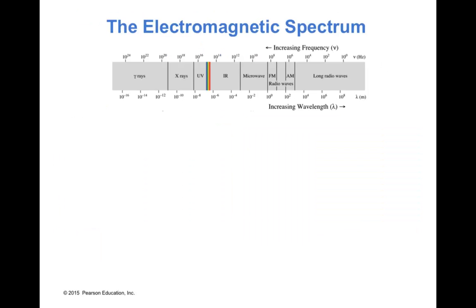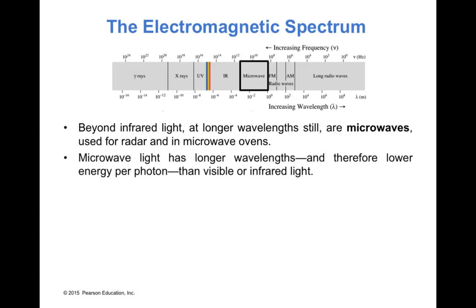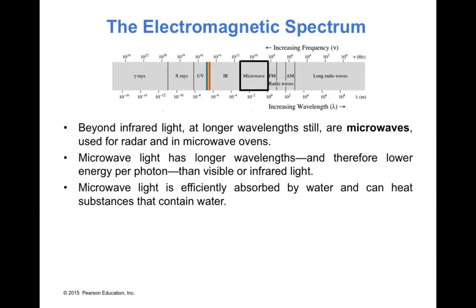Beyond infrared light, at longer wavelengths still, are the microwaves, used for radar and microwave ovens. Microwave light has longer wavelengths and therefore lower energy per photon than visible or infrared light. Microwave light is efficiently absorbed by water and can heat substances that contain water.